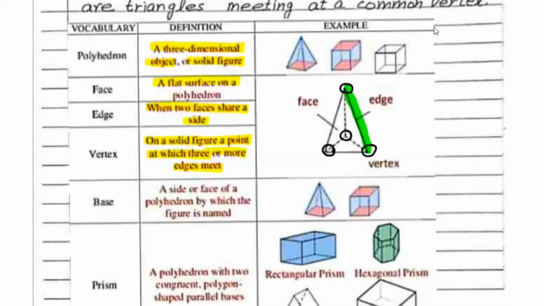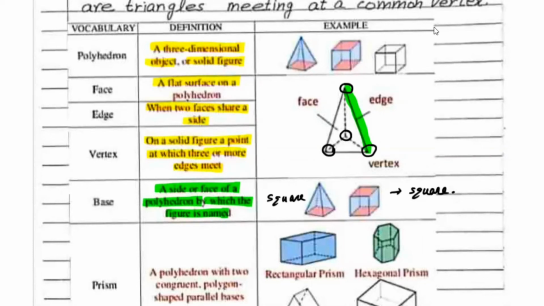Now let us discuss the next point, that is base. A side or a face of a polyhedron by which the figure is named, right? See in the first figure what we have here, the base is a square, and in the second figure also the base is a square, right?